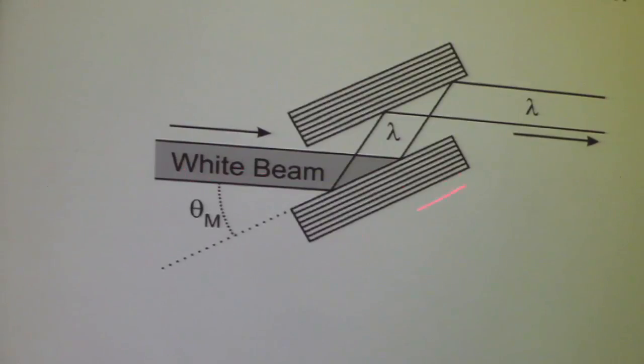Now, when the white beam hits that crystal, it goes from being cool to being hot. So it changes its temperature, and that distorts it. The lattice planes, there's thermal expansion, and there's stuff that goes on. So when the white beam switches onto here, you have to actually wait for this thing to stabilize. But it also produces distortions in the crystal, which produces a kind of slightly dirty, non-monochromatic beam.